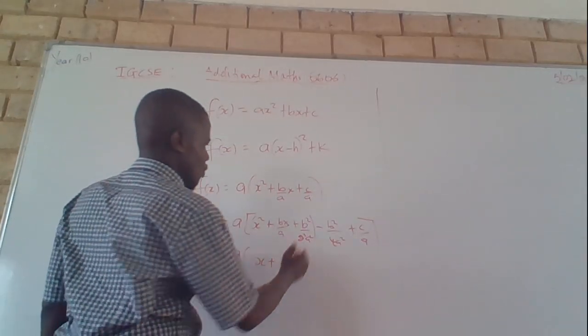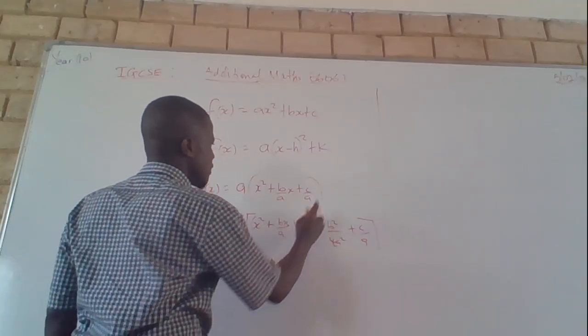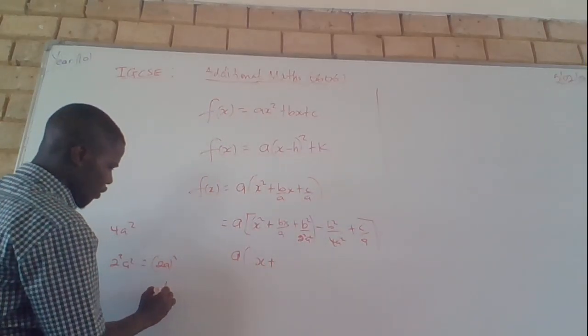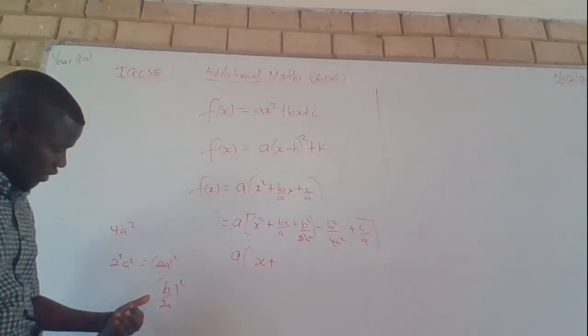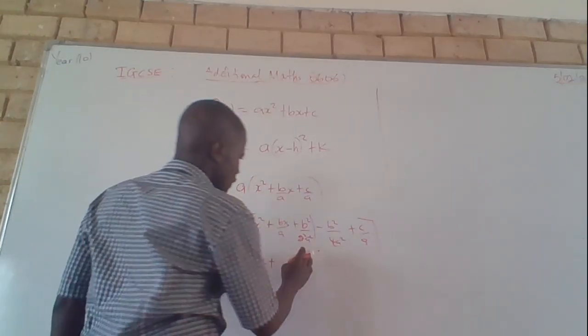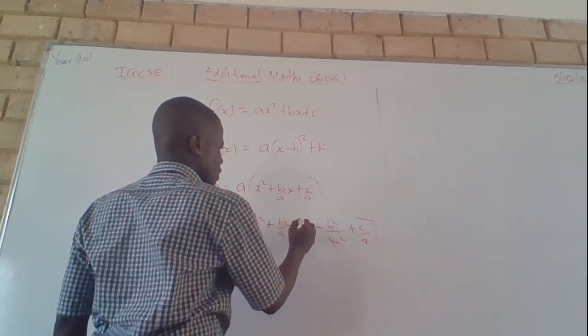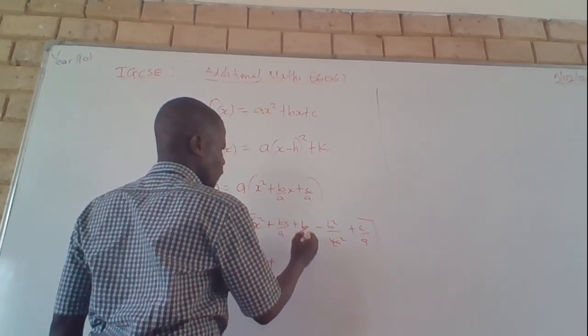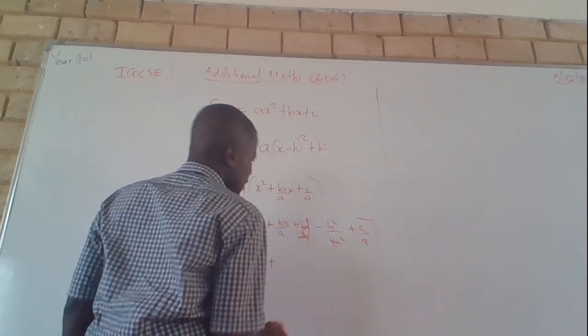So that is it. So I can now write everything here as b over 2a all squared. See that? Yeah. So I can just take that like that one. So b over 2a all squared. Yes.